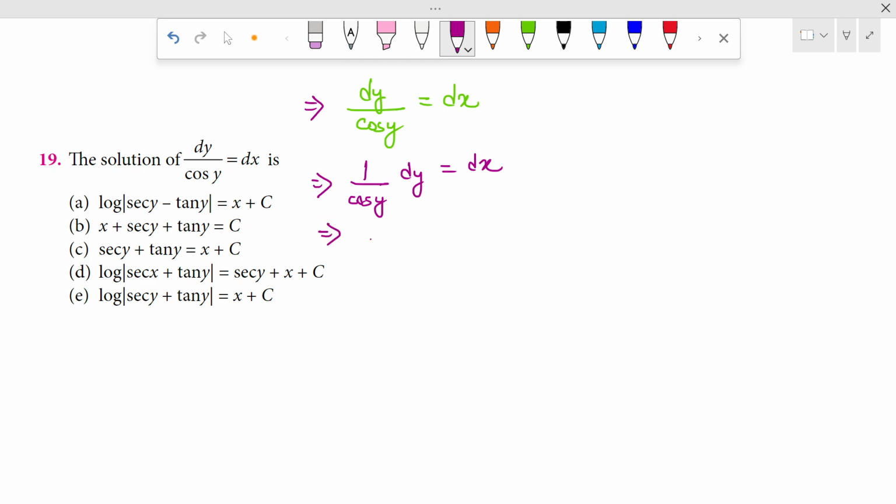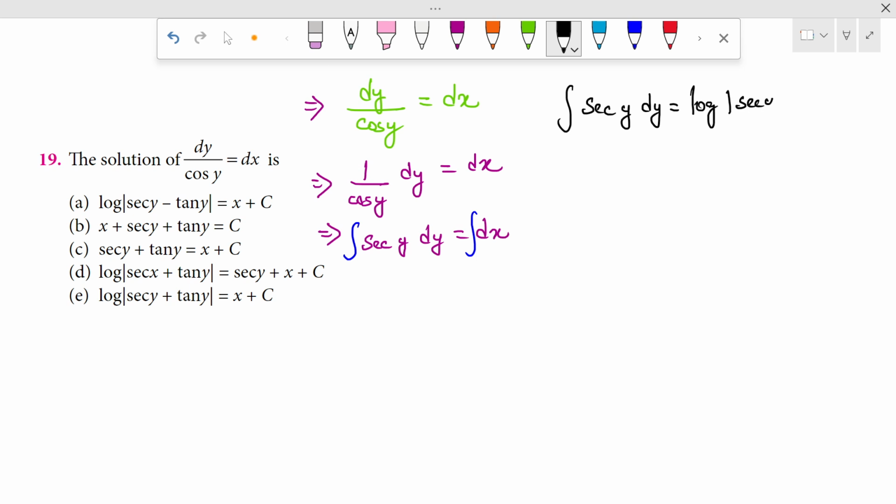So 1 by cos y is secant y dy is equal to dx, right? And if we integrate both sides, we know the integration of secant y dy. Yes, secant y dy. So it is log secant y plus tan y plus c.